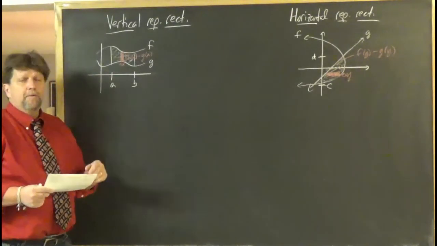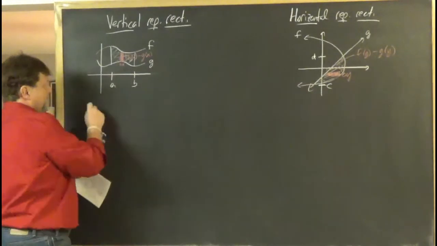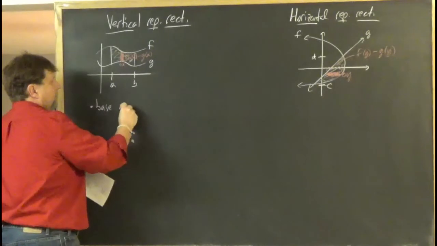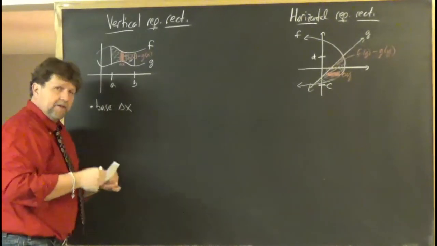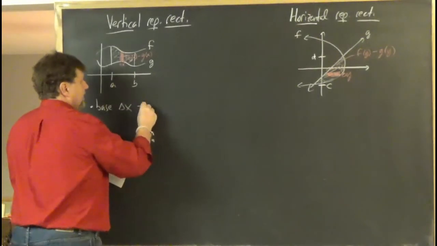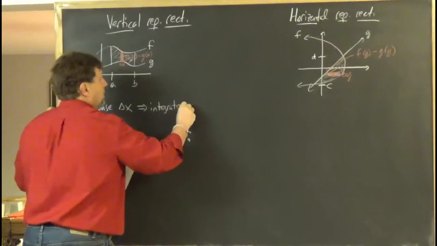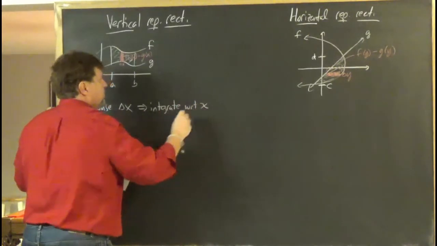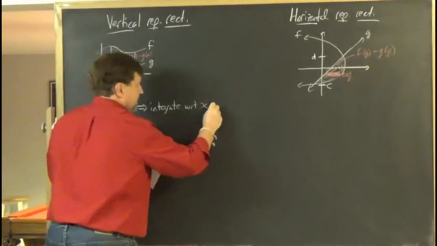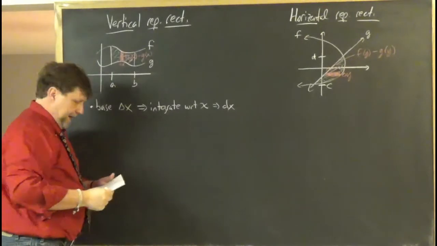In the vertical representative rectangle case, please remember that the base of a vertical representative rectangle is delta x. If the base is delta x, that means you are going to integrate with respect to x, and your definite integral is going to have a dx.